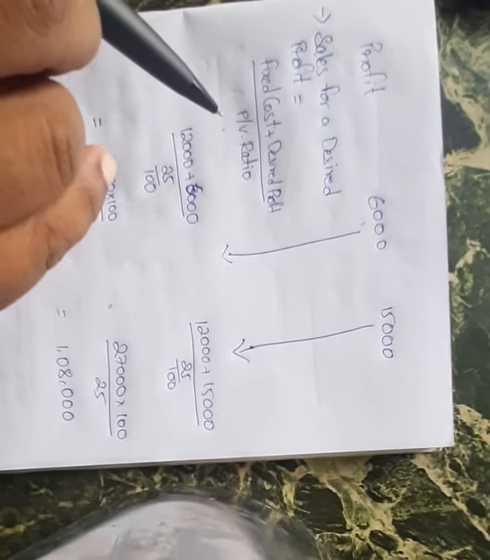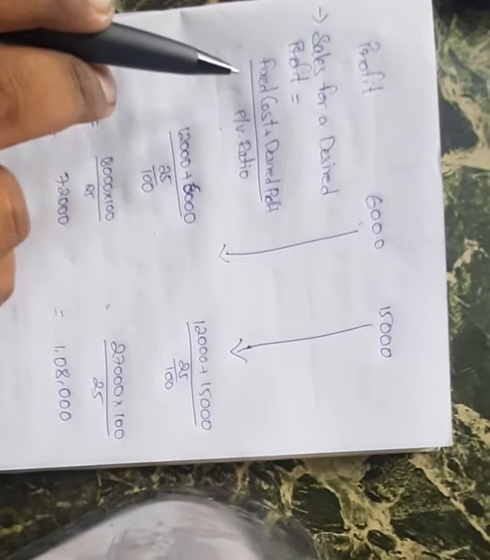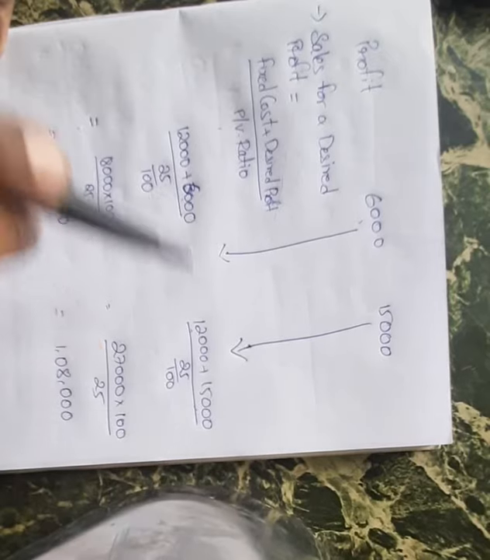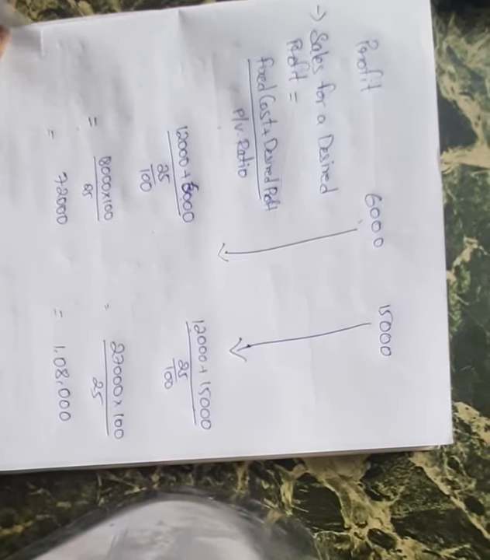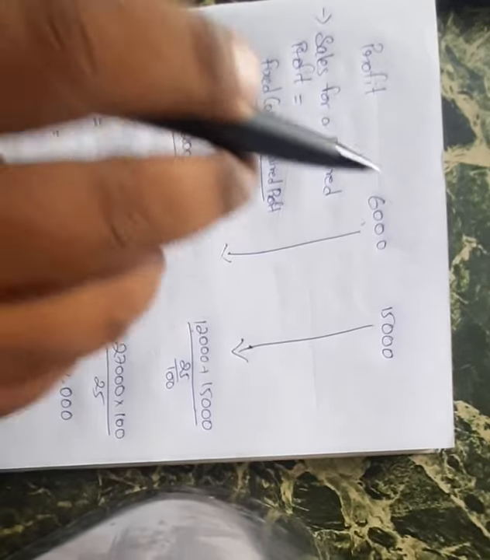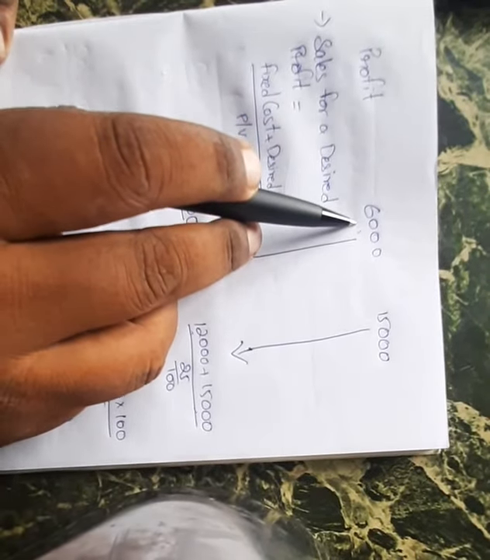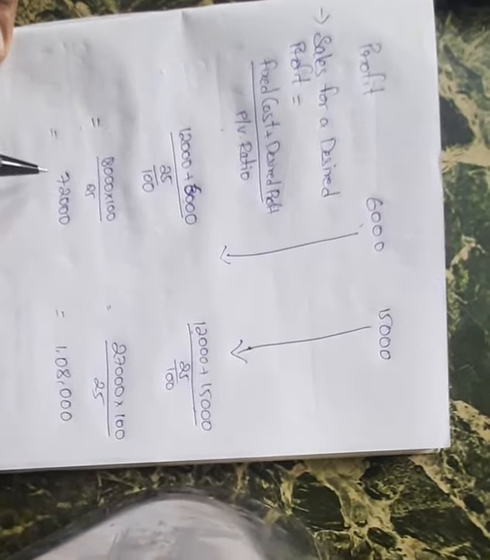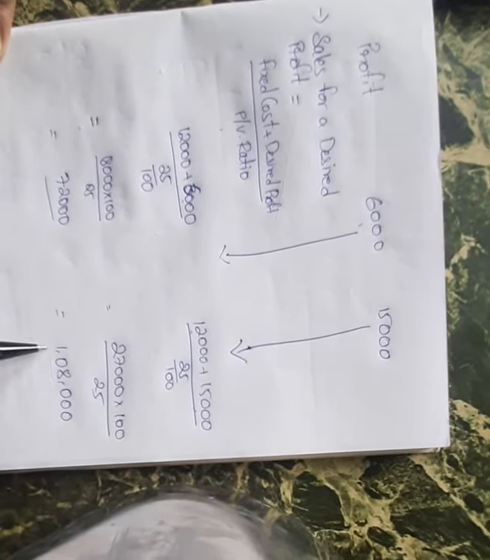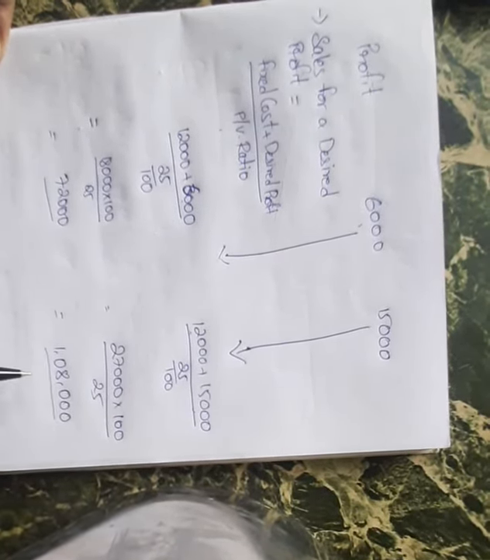Substituting, we have fixed cost 12,000, and desired profit in two cases, 6,000 and 15,000. By solving this, to get a desired profit of 6,000, the sales must be 72,000. In order to get a desired profit of 15,000, the sales value must be 1,08,000.